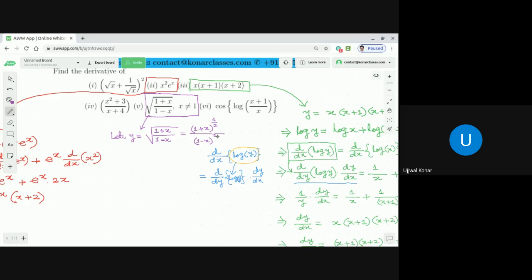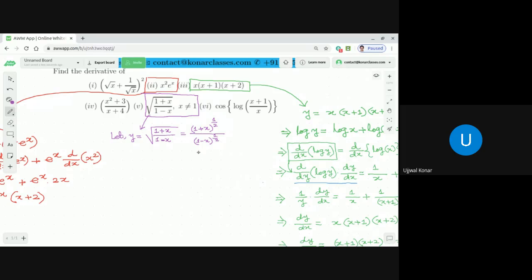All of you agree with me, dear students? Yes, sir. So this implies dy dx. As the color is different, you will find what I'm saying. With your permission, may I remove this part? Yes, sir. This is well understood, no?